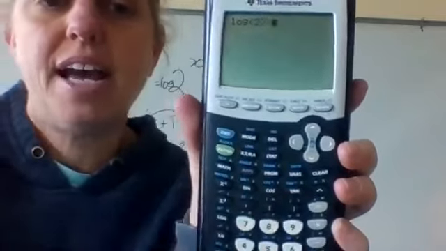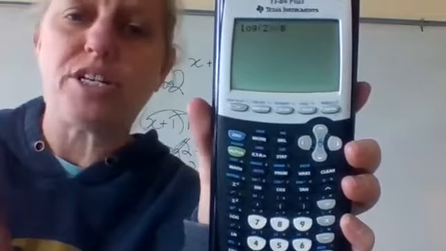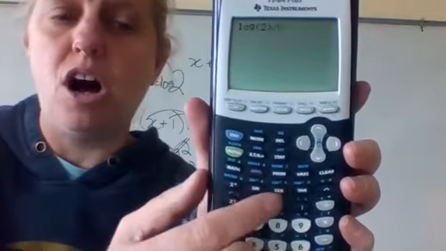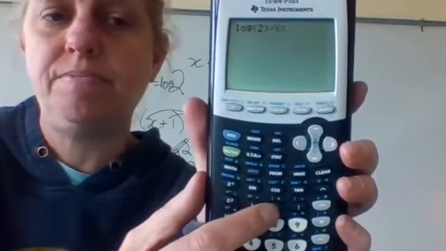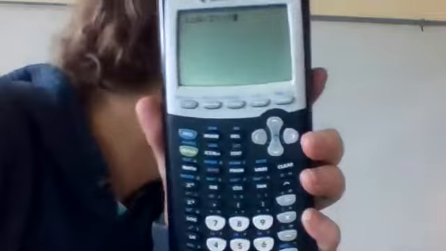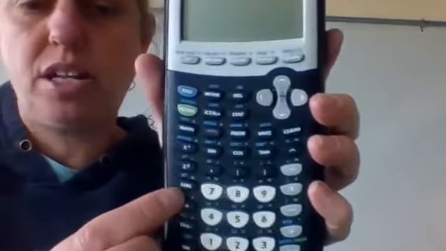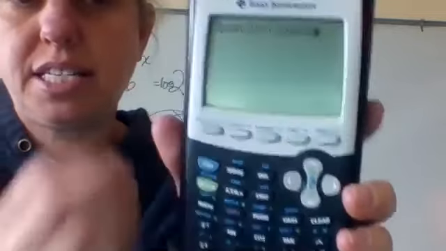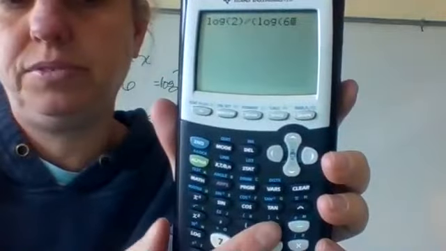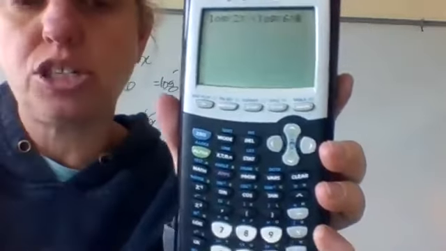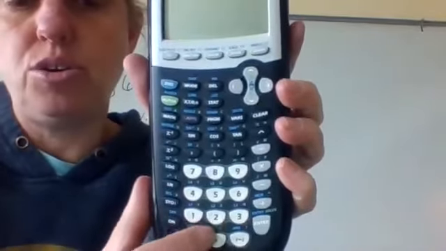Then divided by. Now here's where you need to be careful. You're about to put a whole bunch of stuff in your denominator, but you want it all to be contained in the denominator. So open your parentheses, then do log 6. So your regular log button, 6. It gives you an open around the 6, so you've got to close it. Minus log 2.